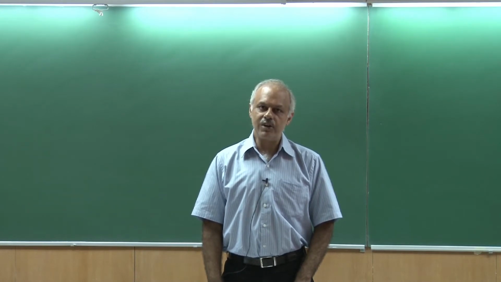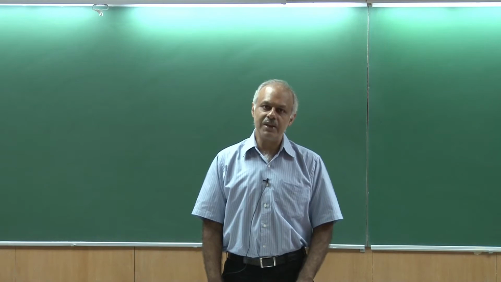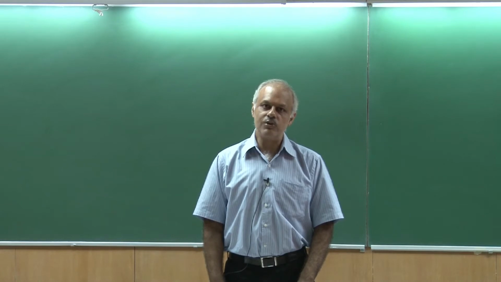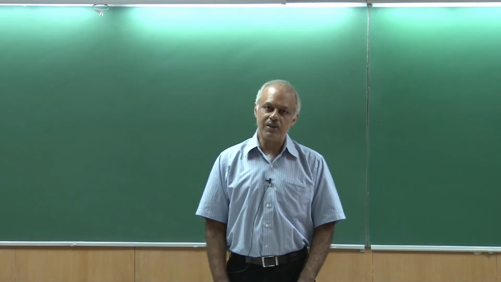So, one can now look at two aspects of these real flows. One, a boundary layer flow close to the body, and then an inviscid flow away from the body. We are going to spend the remaining part of the semester in understanding these concepts. So, today I want to talk about the inviscid part of the flow.